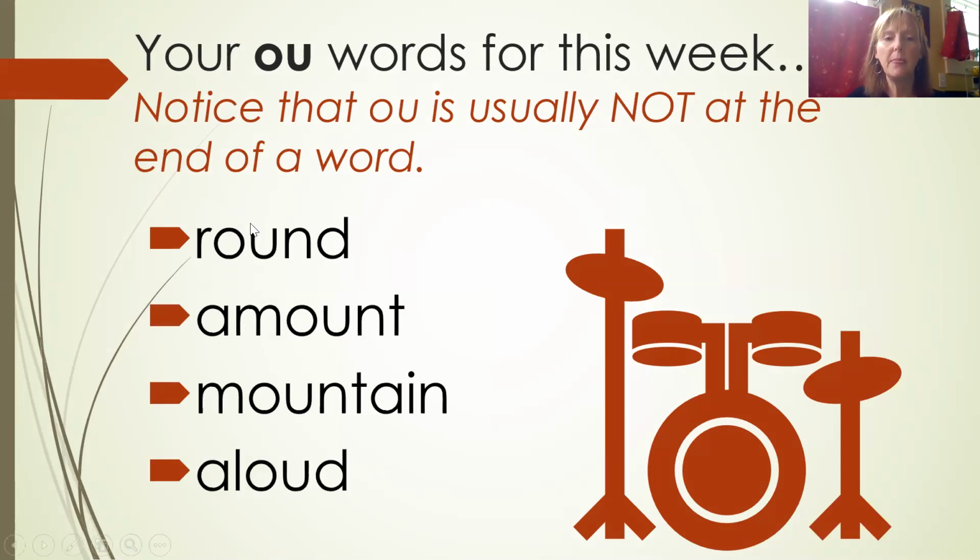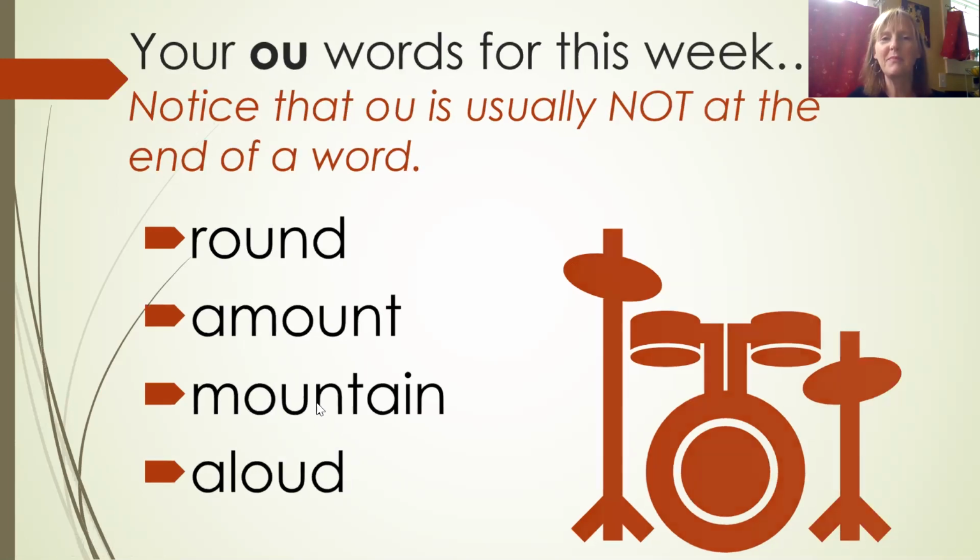Now I want to point out that the OU is followed by ND in a one-syllable word. Amount, it's a two-syllable word, but the OU is in this syllable followed by the NT. And in mountain, which is a two-syllable word, we would divide the syllables right between the N and the T. So the N is following the OU sound. That's really important, coming right up.